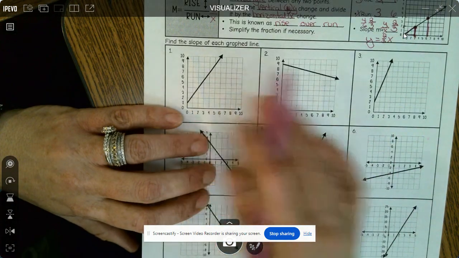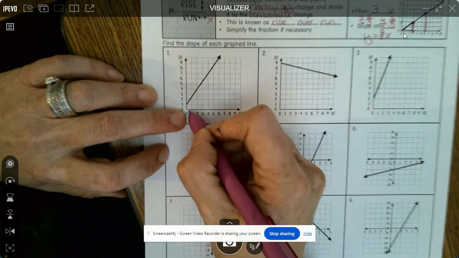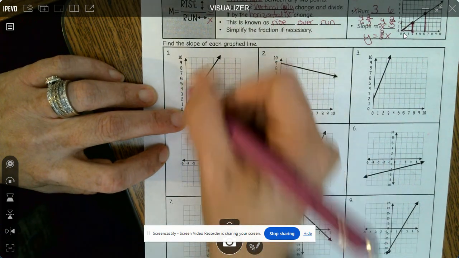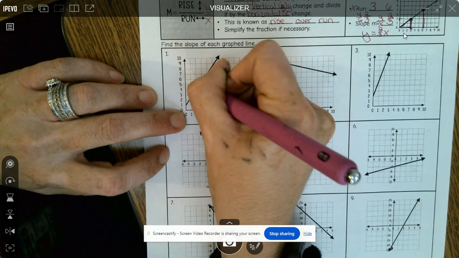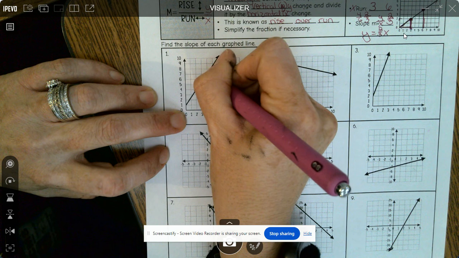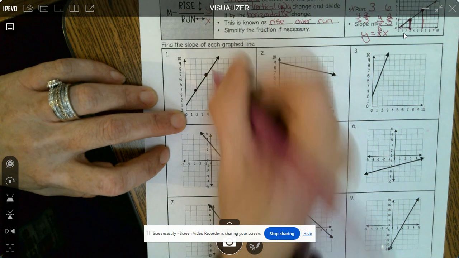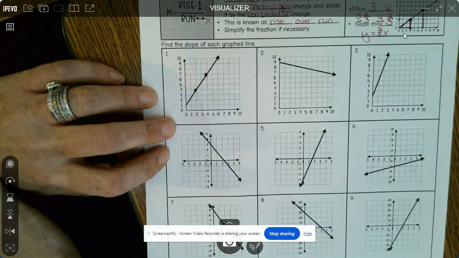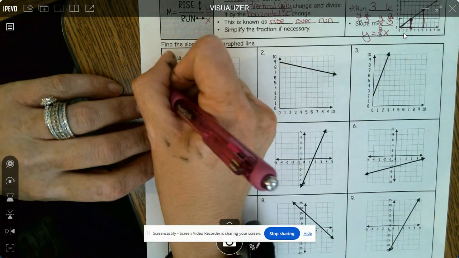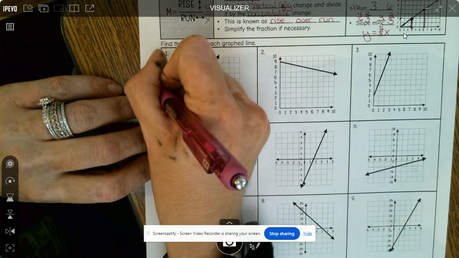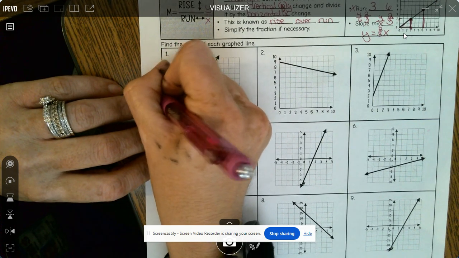All right, so let's talk about number 1. All right, let's see here. I found an actual point here. I found a solid point here. Do you guys see those on your line? Okay. So we're going to find rise over run or y over x.